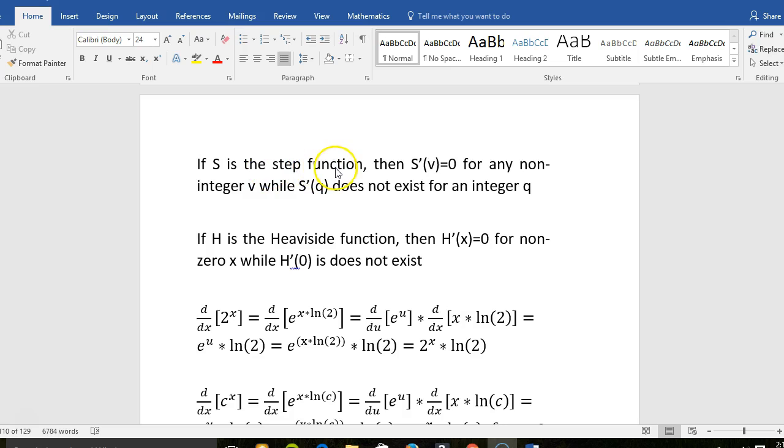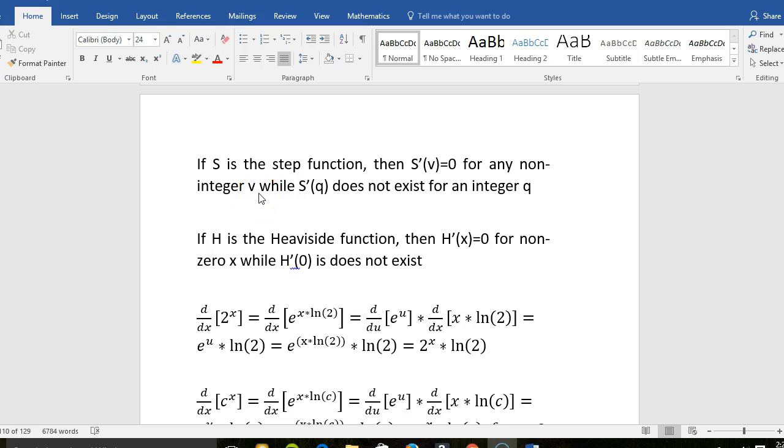If s is the step function, then s prime of v equals 0 for any non-integer v, while s prime of q does not exist for an integer q. What I mean by that is d by dx of big S of x is 0 as long as you're not an integer, like -2 or 0 or +3, as long as you're a fraction with something other than positive or -1 on the bottom.